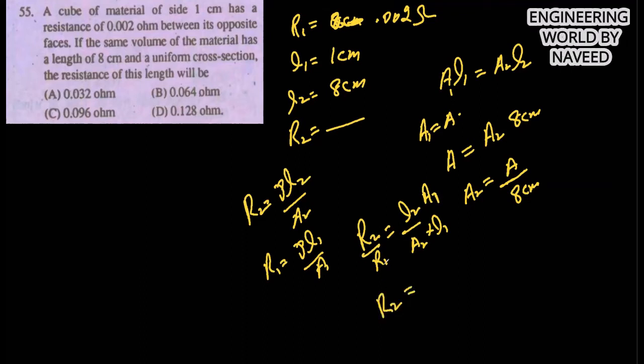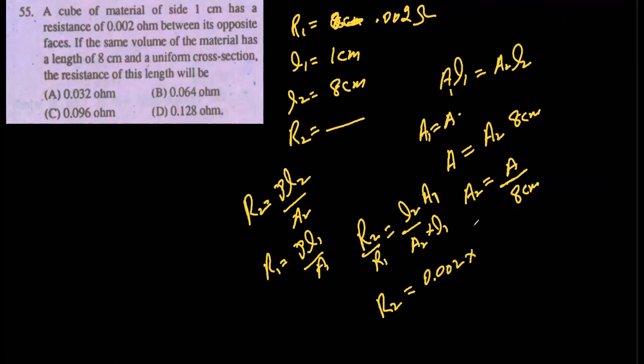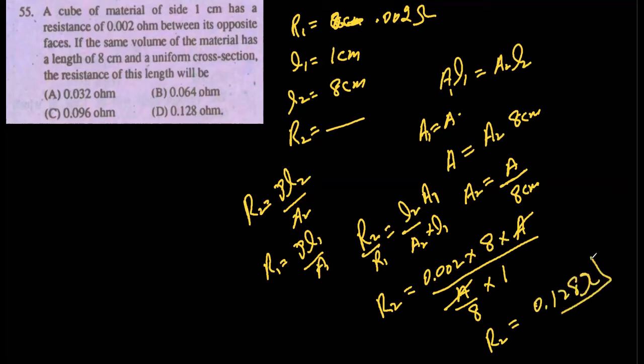So it will be 0.002 times L2 which is 8 centimeter, and A1 is A divided by A2 which is A divided by 8, and L1 is 1 centimeter. So this A will cut out with this A, and 1 divided by 8 will come out. So R2 will be equal to 0.128 ohm. So option D is the correct answer.